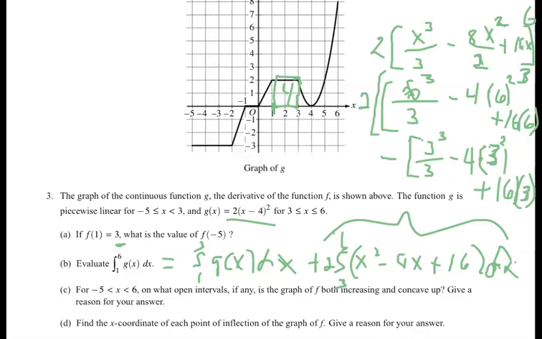Okay, and then we have a double bracket out here because this 2 has to go to everything. That right there is actually the answer to that part.